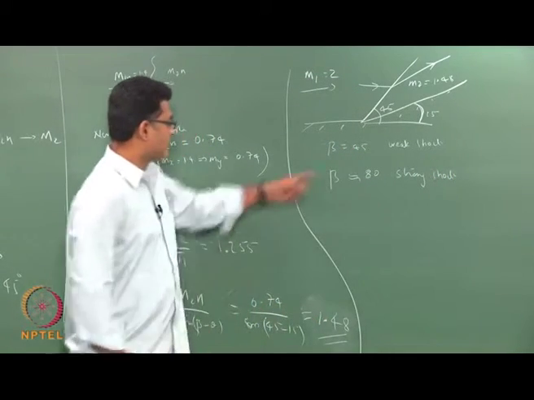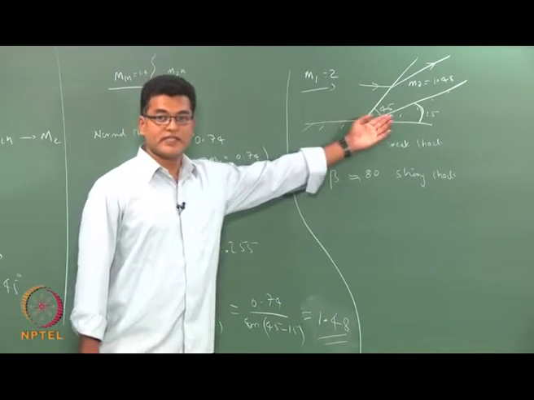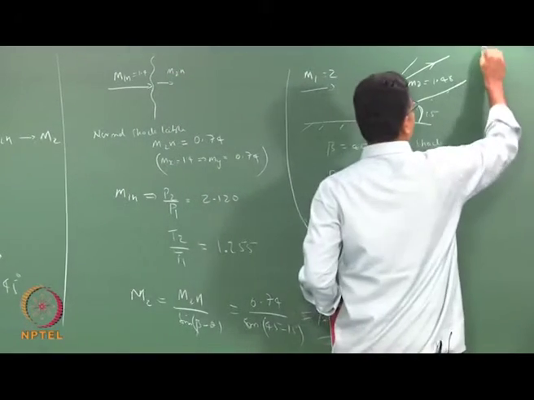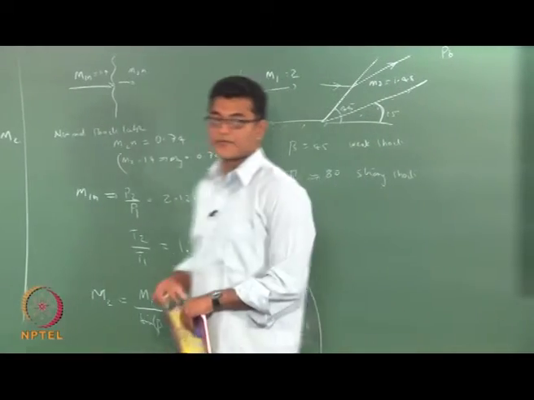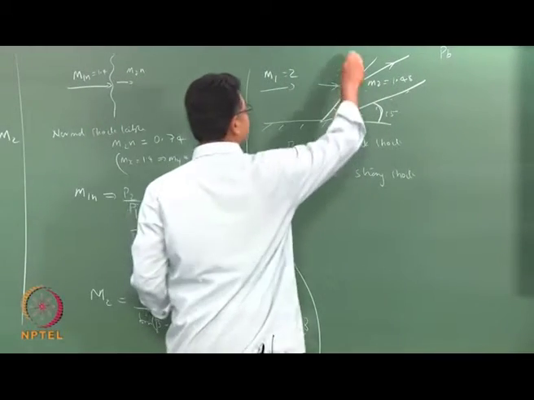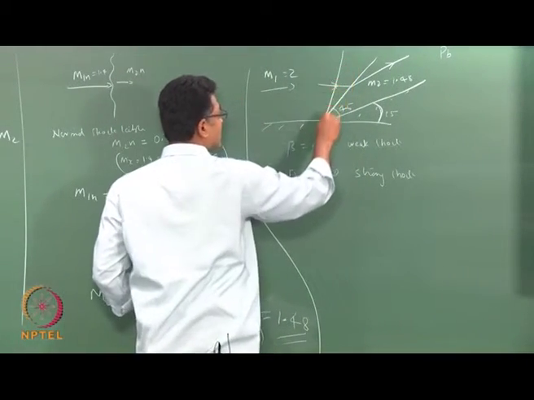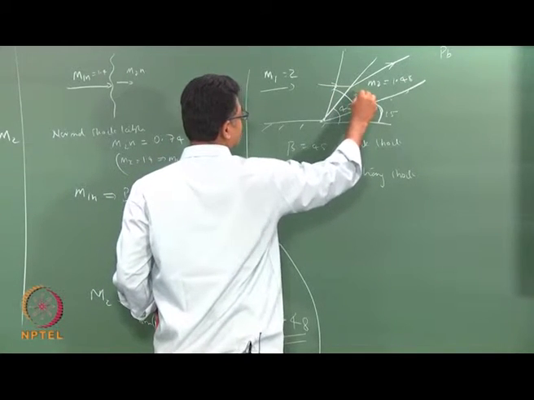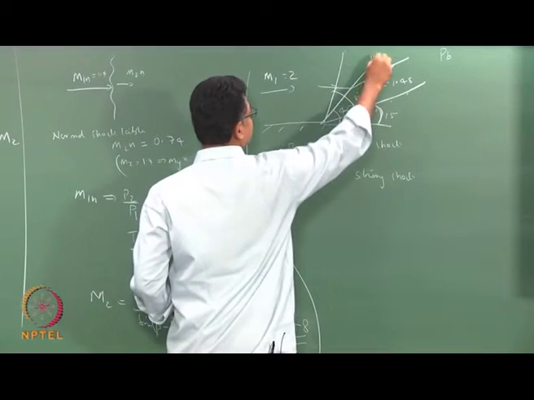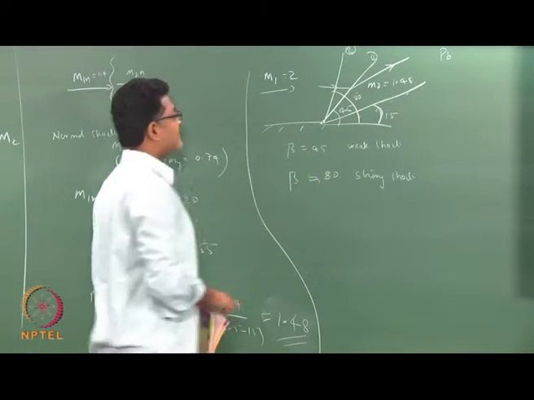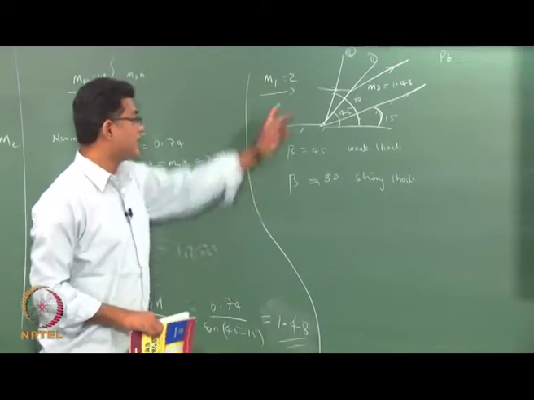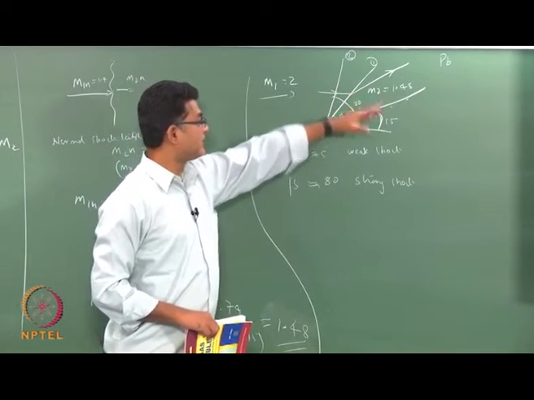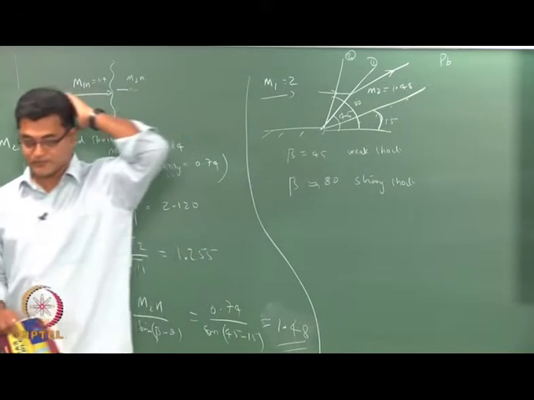Whether the flow takes the weak solution or strong solution depends on what you have as your back pressure. So, it can be either this or this. One is the weak solution, two is the strong solution, and which one occurs is decided by your back pressure. Okay.